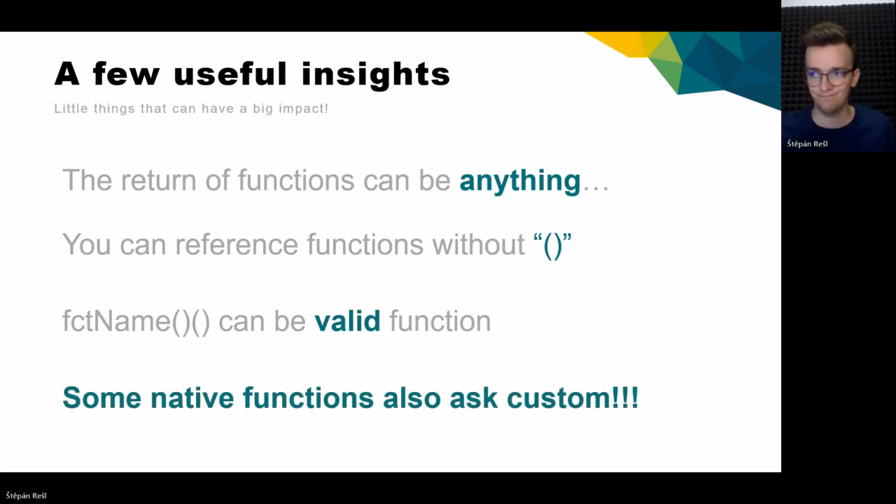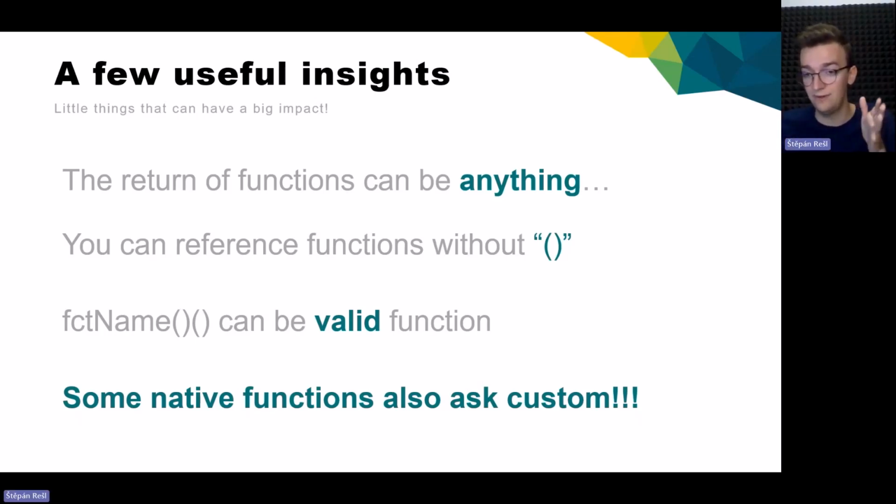And some native functions also ask you to define your custom functions inside. Quite often, we are not defining custom functions fully, but using a little shortcut, like each, the name of a column, and the expression.